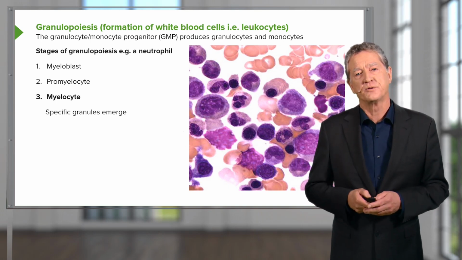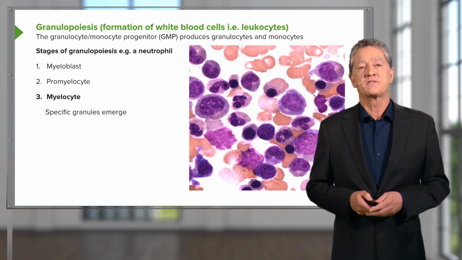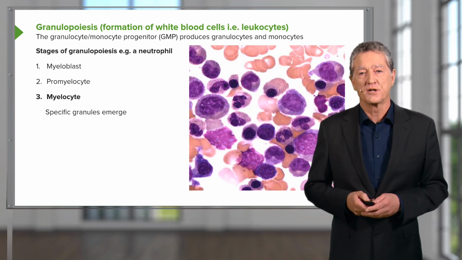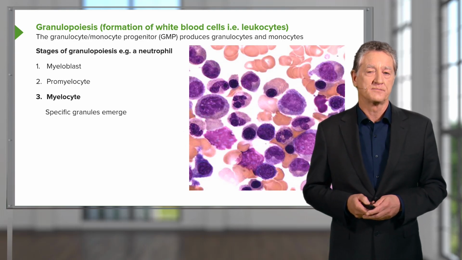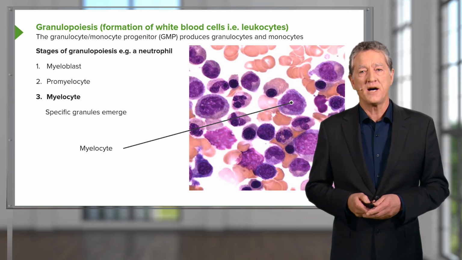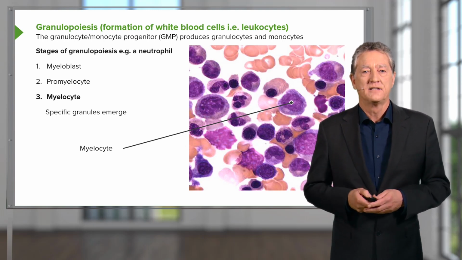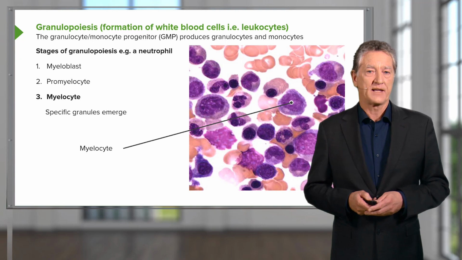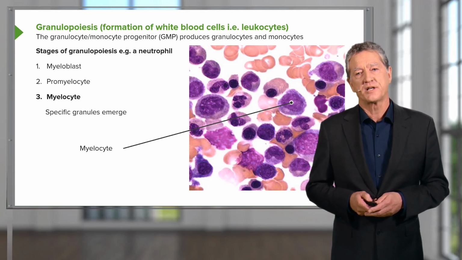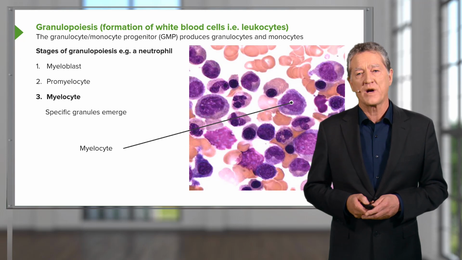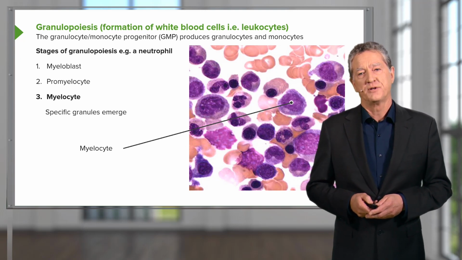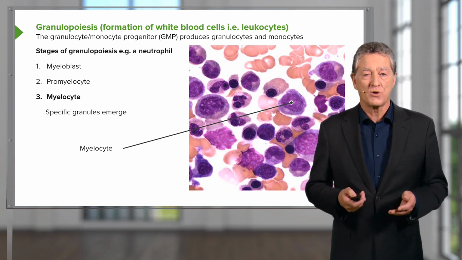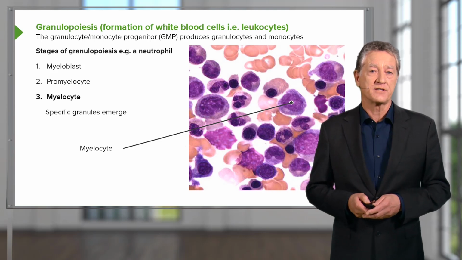Whereas the eosinophils and the basophils will have specific granules for their particular role or purpose. So these myelocytes, again, are quite large cells, and again, if you look carefully in the cytoplasm, you see evidence of a granular structure, but you really can't distinguish what type of granules they are at this early stage.